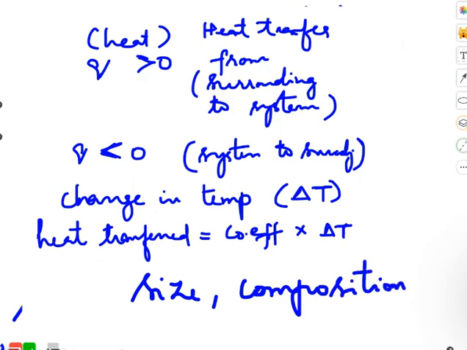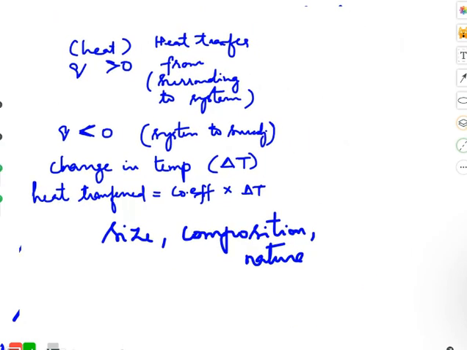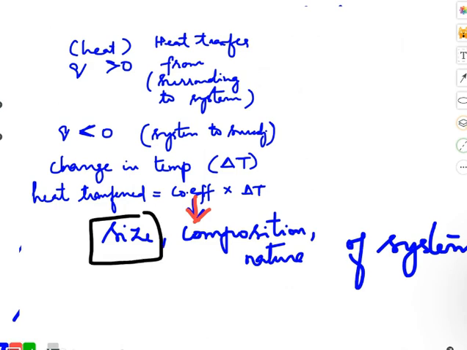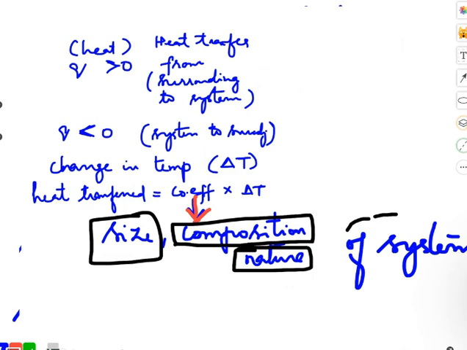Composition or nature of the system. Coefficient.